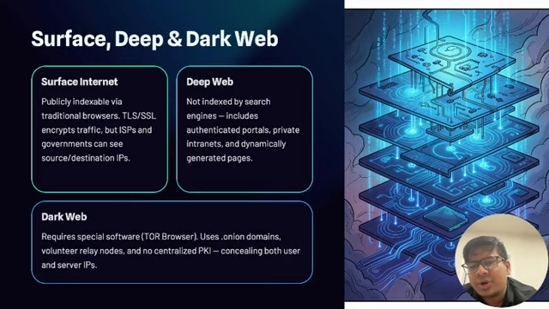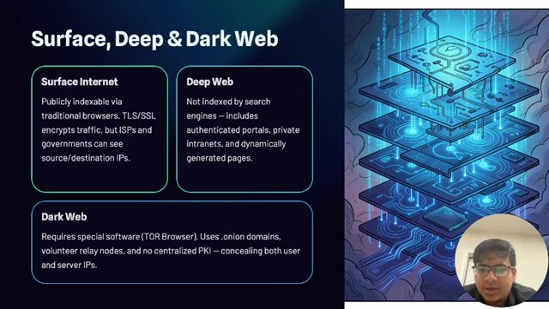Before discussing Tor and HTTPS, it is important to understand the different layers of the Internet. The surface web consists of publicly accessible websites indexed by search engines. Although HTTPS encrypts data, network observers can still see metadata such as IP addresses. The deep web contains content that is not indexed by search engines, such as online banking systems, academic databases, and private portals.